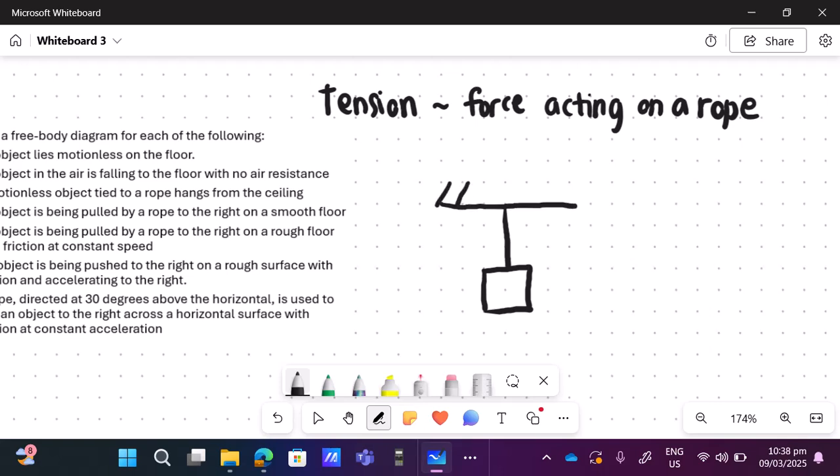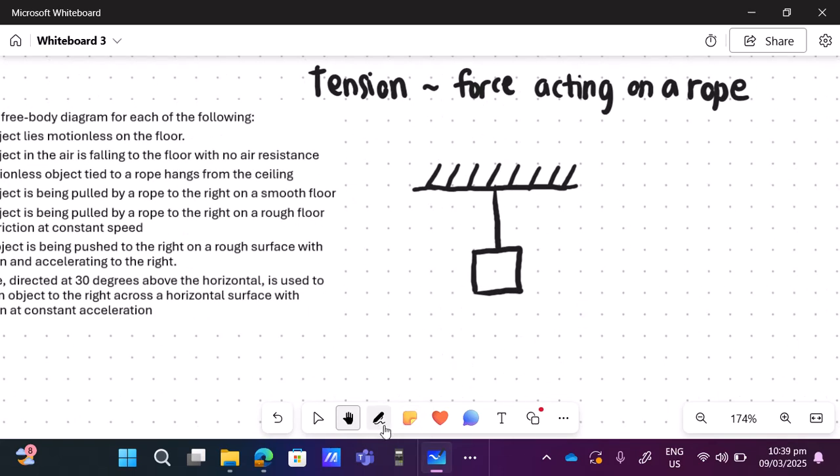So here, when you encounter diagrams that look like this, it is usually referring to ceilings, walls, or concrete objects. We have a motionless object. Okay, it's not moving.